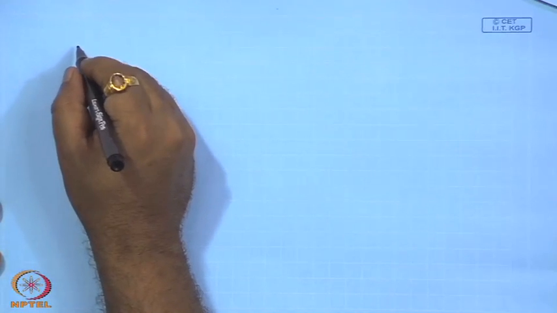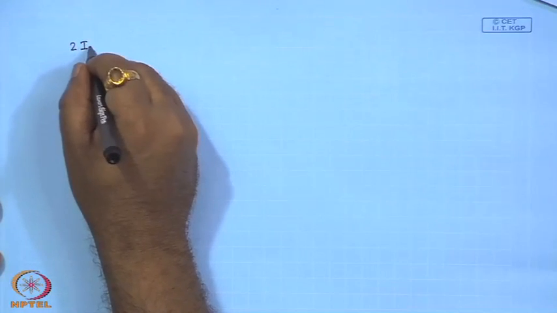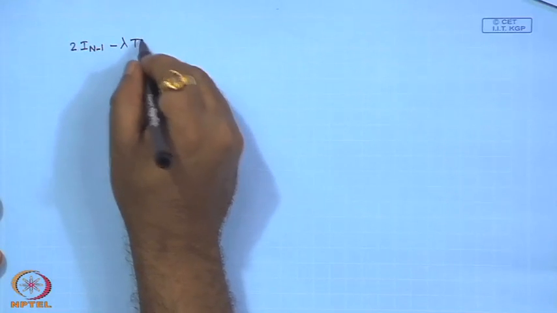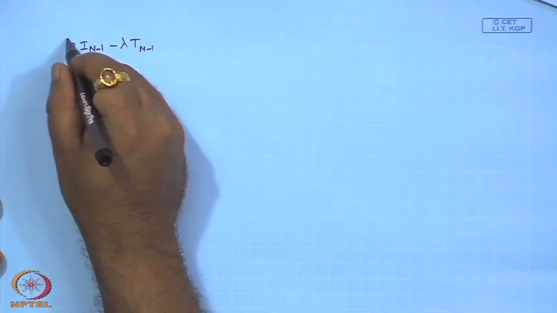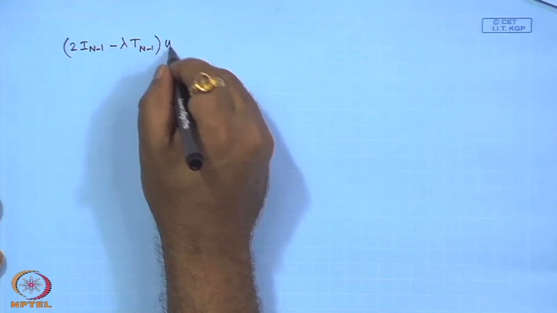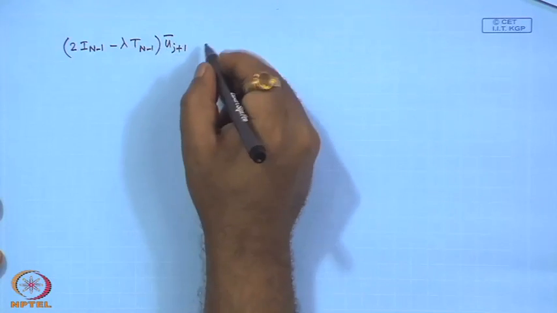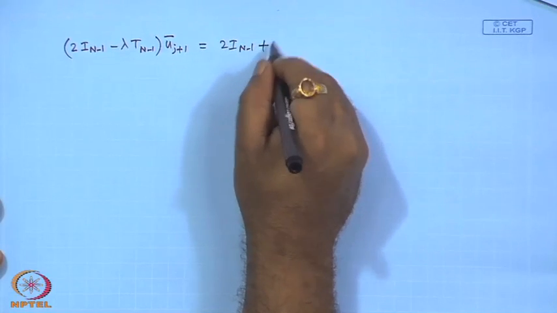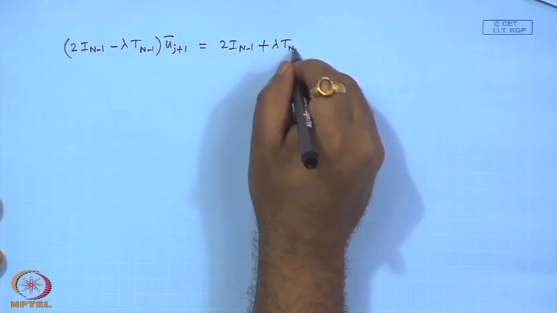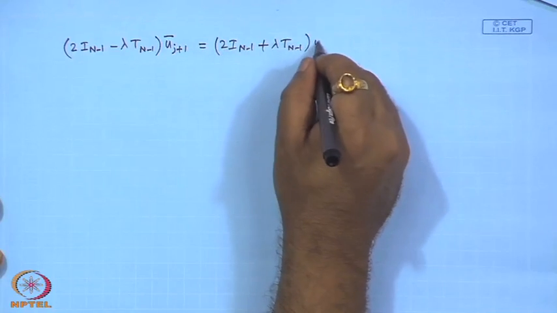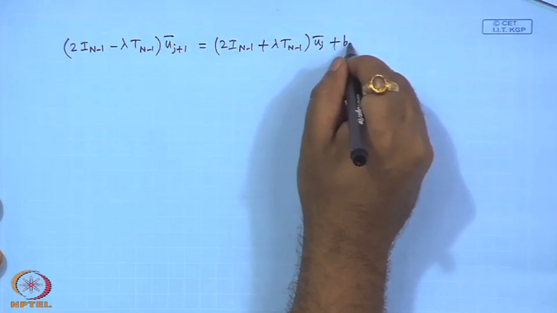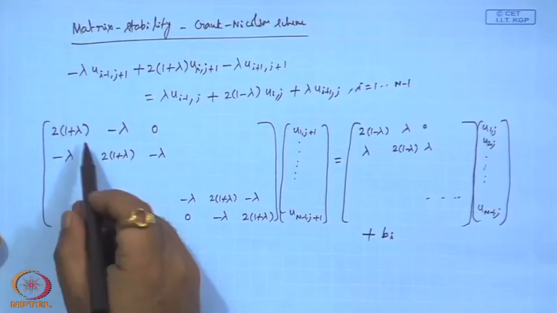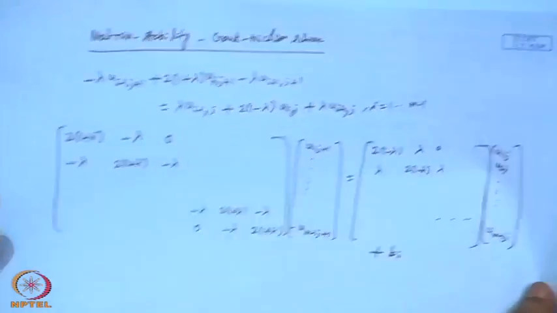Then this can be expressed as, so you may recall our earlier notations. I will explain. So, what is done? This is split up into two matrices.